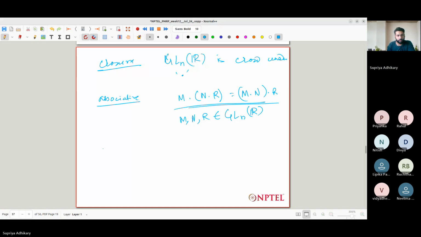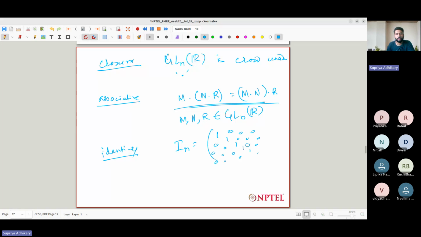Now, the third property is the identity. Now, if we consider I of n, which is basically all the diagonal values are 1 and the rest of the values are 0, the identity matrix basically.